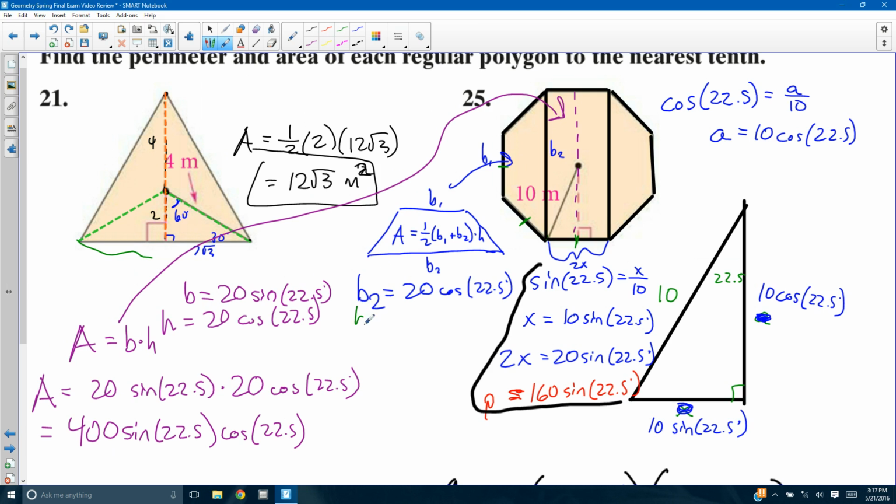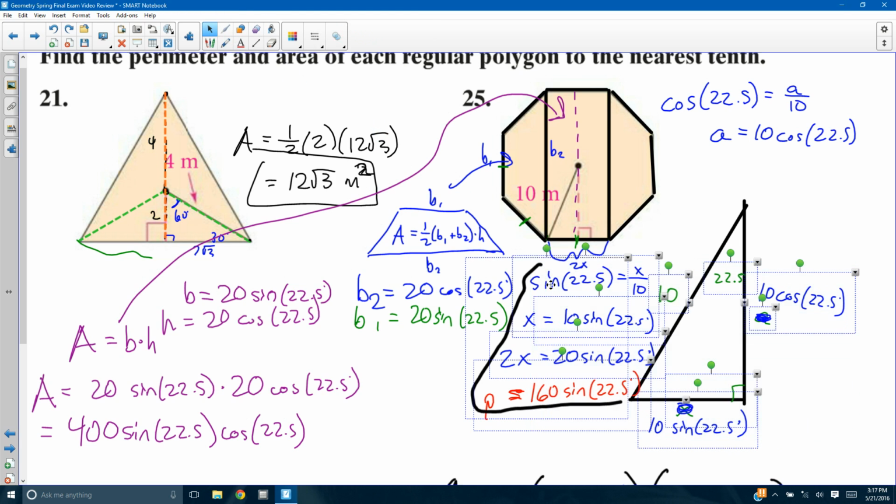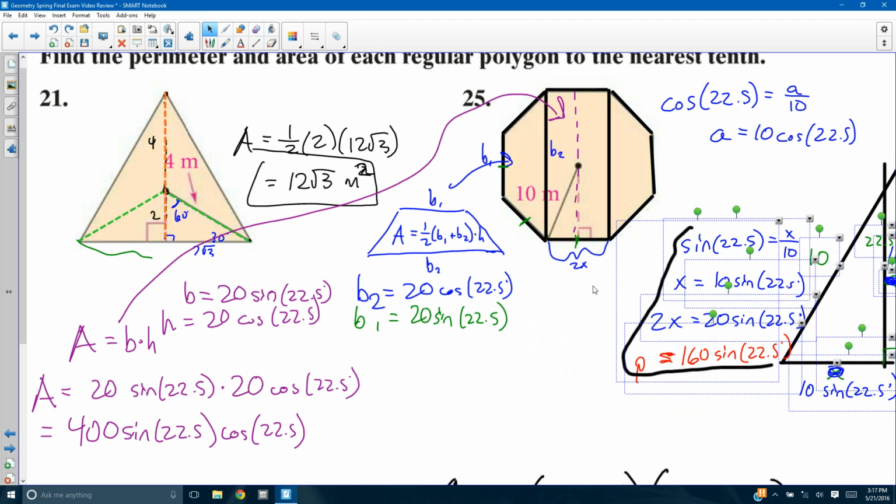So B1, base 1, is, excuse me, side of 20 times the sine of 22.5. So I'm going to average those bases in a moment here. I just need to get myself some room. You know, I really need to move some stuff over. Maybe even delete some old things that I don't need to use anymore.